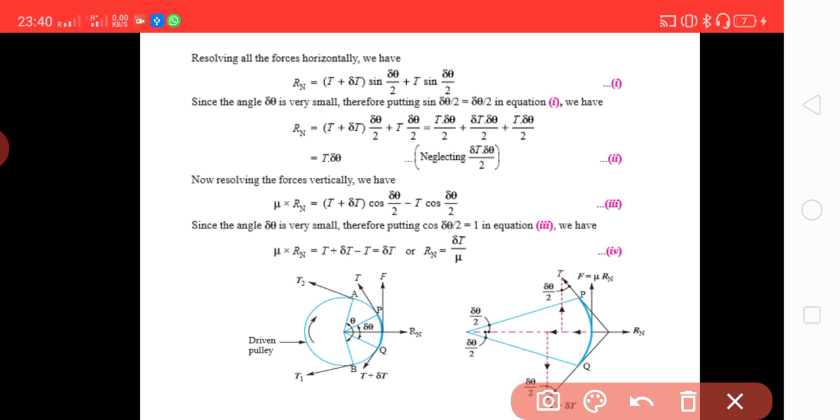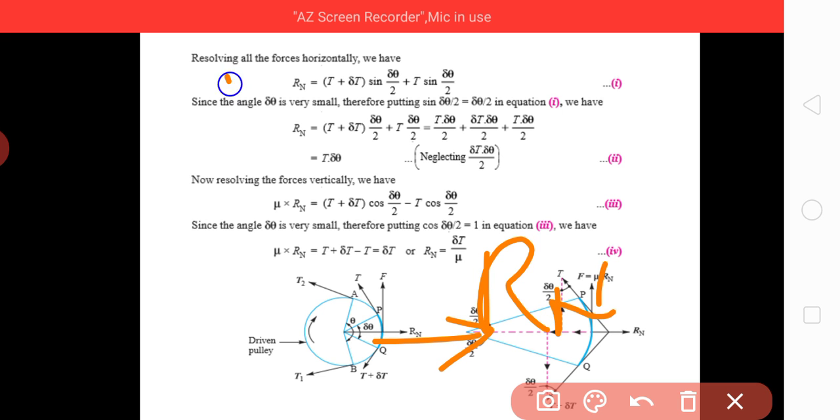So summation, resolving vertically, this is Rn here, then Rn equal to T plus delta T sin delta theta by 2 plus T sin delta theta by 2. Since delta theta is very small, sin delta theta by 2 becomes delta theta by 2.